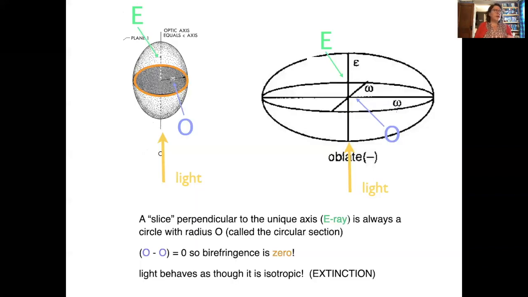So if we slice the indicatrix perpendicular to the unique axis, or the c-axis, in a uniaxial mineral, the shape we get is a circle, which means that all of the indices of refraction are the same in all directions, and that means that the birefringence is 0. Light behaves as though the mineral is isotropic, and we will see extinction.